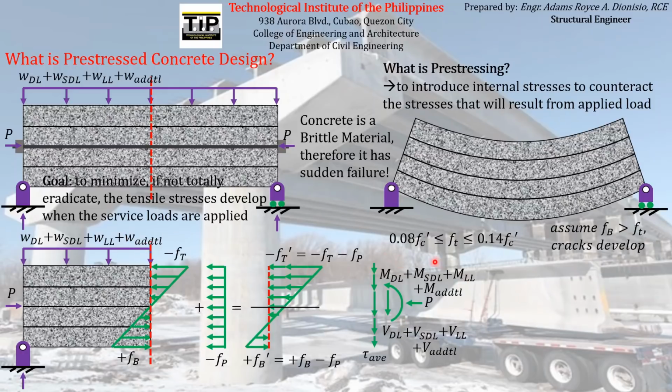So again, since the bending moments increase, these flexural stresses will also increase. So if those flexural stresses will increase, say for example, ito, lumaki siya, obviously, this resultant tensile stress at the bottom fiber of the concrete will increase as well.